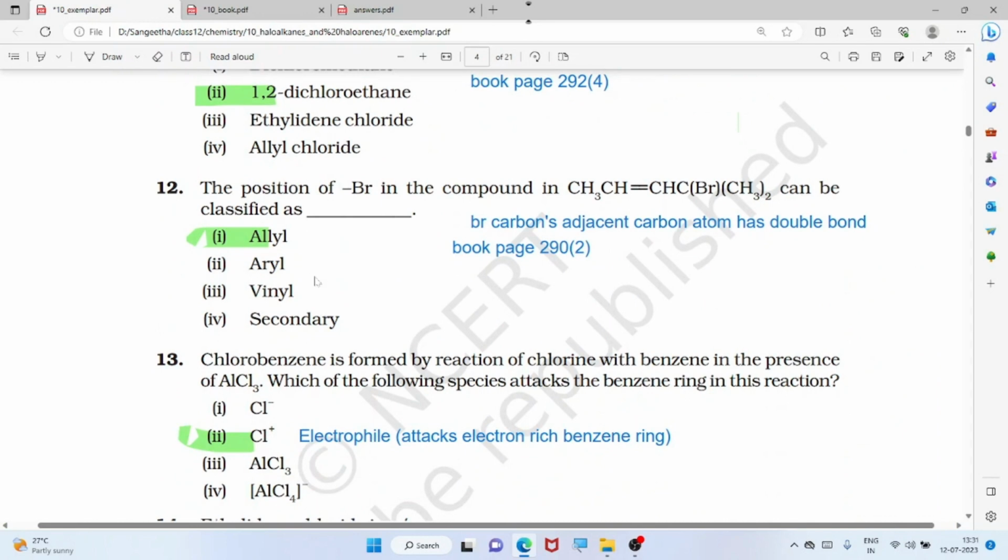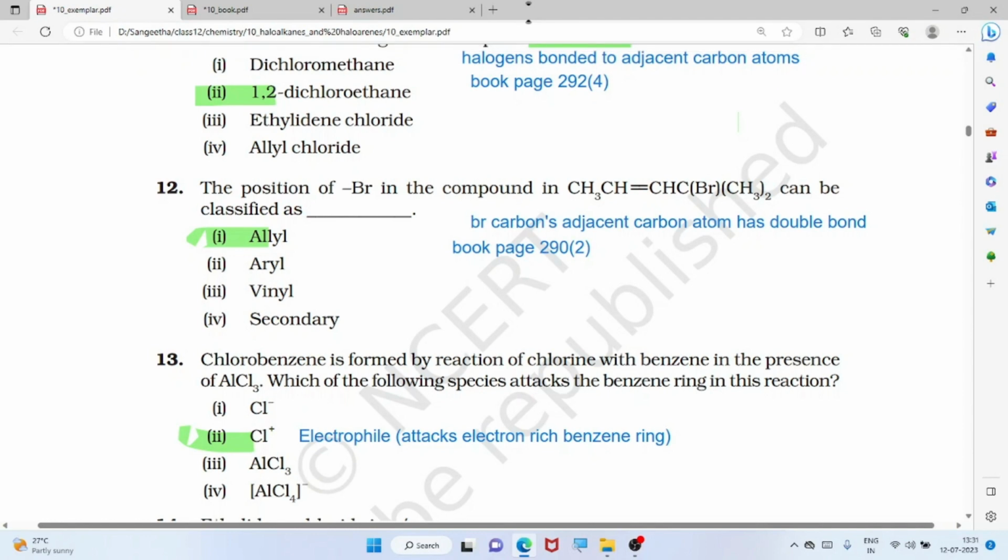The position of the Br in this compound can be classified as allylic. Br is adjacent to the carbon atom which has a double bond.